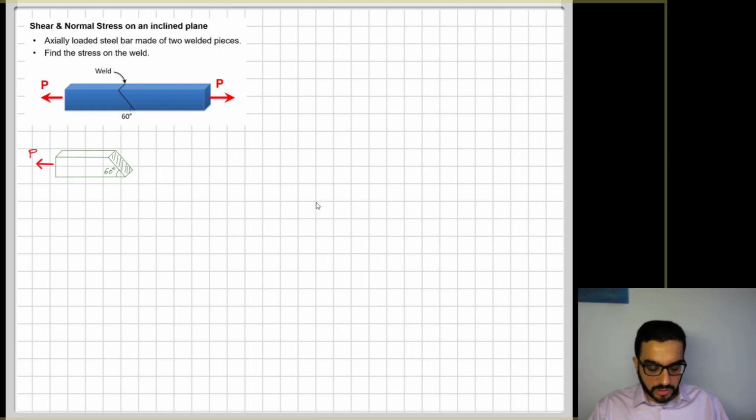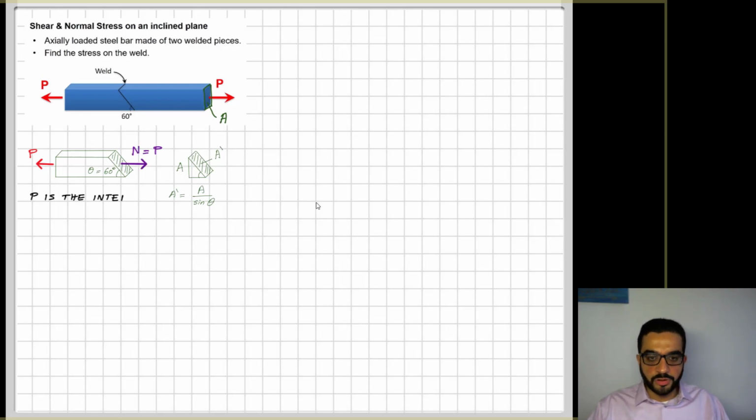Also, given to me, or I can assume, is the area of that bar, A, and since the weld is at 60 degrees, I'll call this angle theta. I'm trying to find a relation between the upward area A and the weld, theta-angled area A prime. So from geometry, A prime is equal to A divided by sine theta.